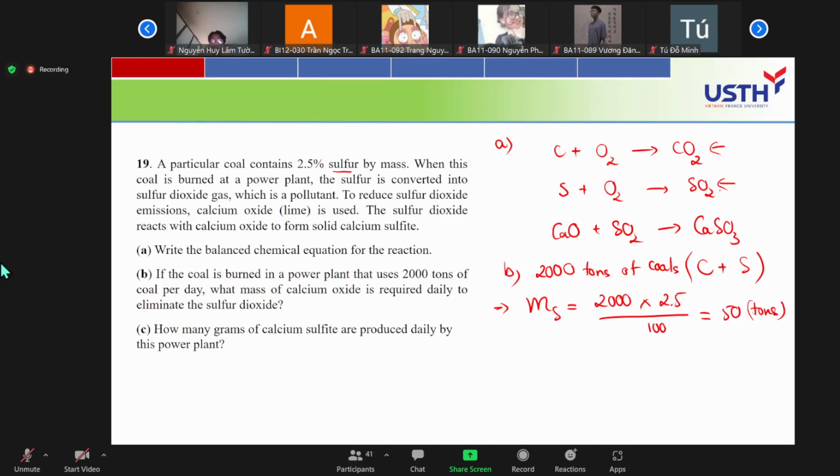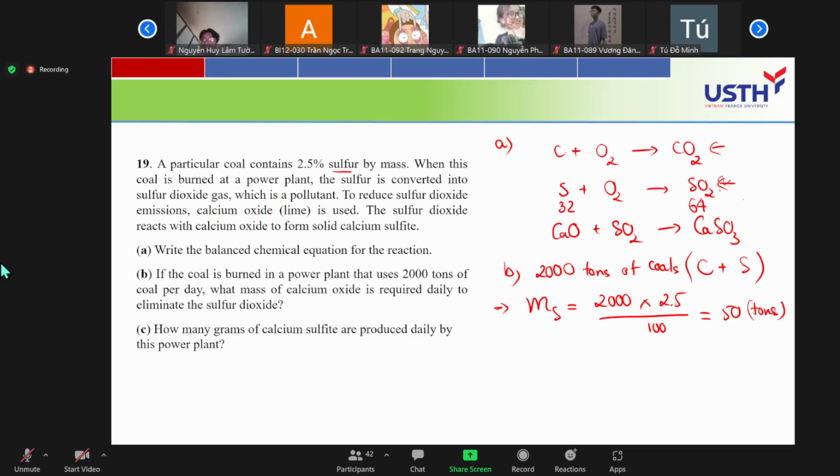For the reaction, in the very first equation, 32 grams of sulfur, or 32 tons of sulfur, will react with oxygen and form 64 tons of SO2.